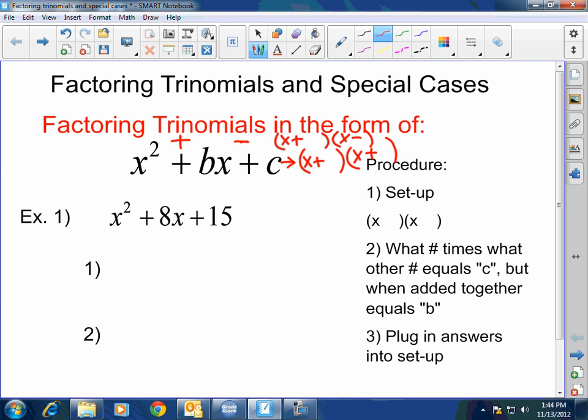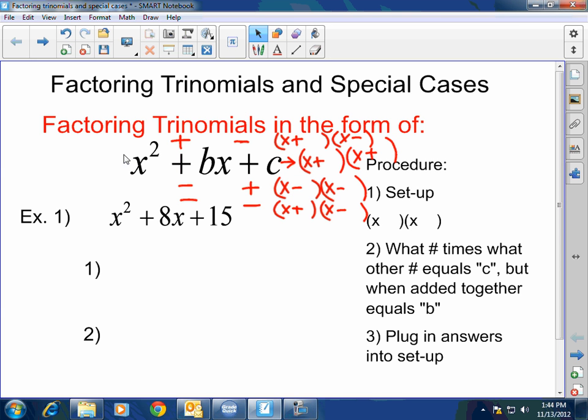When I have a minus here and a plus here, I'm going to have an x minus and then another x minus a number. Okay? And if I have a negative and a negative, I'm going to have an x plus and an x minus. Now, that's nothing that is super crucial except the fact that it really helps you when you are setting up the problems. So you don't have to memorize this.